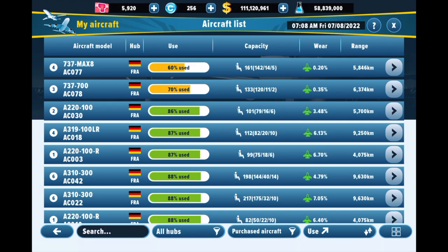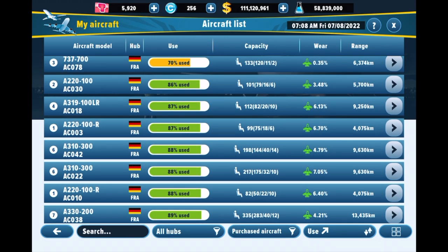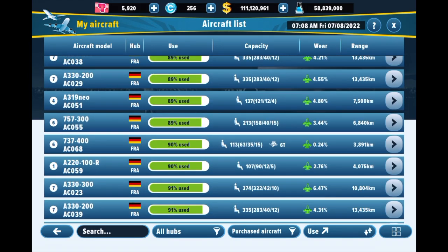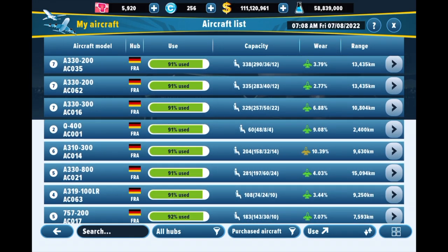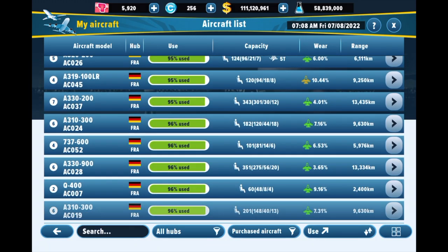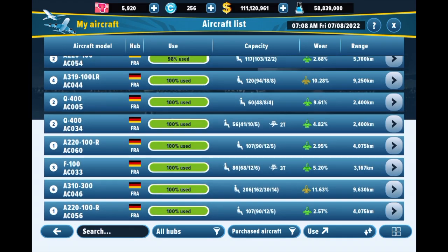But if you leave those two, almost all of them are used more than 85%. That's a good thing, and I'm quite happy with the results. Soon it goes into the 90s, and the last few aircrafts are 100% used.